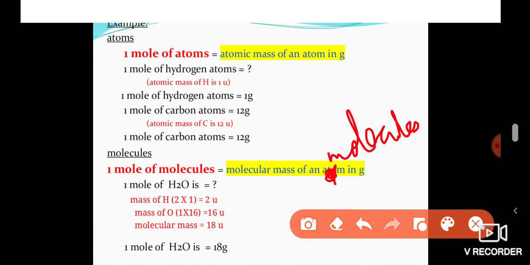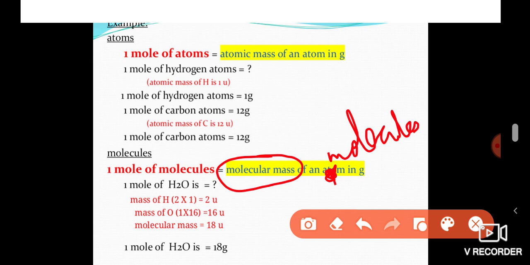We know how to calculate the molecular mass. So here the question is, 1 mole of H2O is equal to how much? First we have to calculate the molecular mass. How do we calculate it? Sum of all the atomic masses present in a molecule.